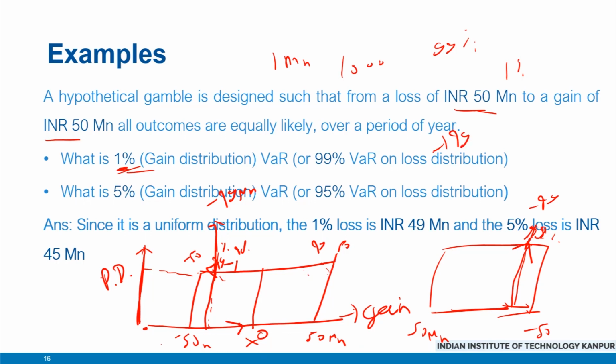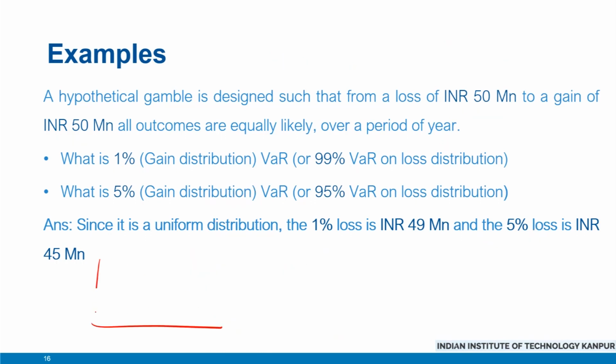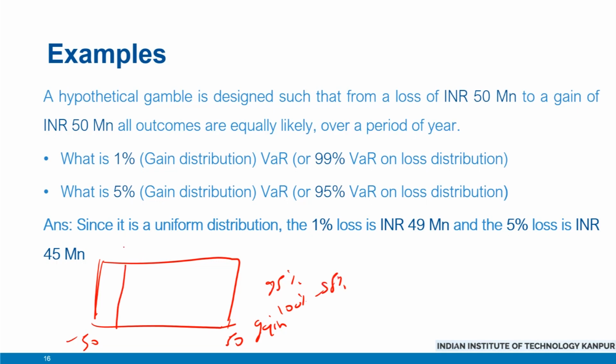Similarly, if we are looking at 95% confidence, then let's start with the gain function. This is minus 50, this is plus 50, and we are looking at 95% confidence. That means on the gain distribution we are looking at a 5% cutoff, which is 100 minus 95. It's easy to see that this will be 5 intervals of 1 million rupees each, which will end up at 45 million.